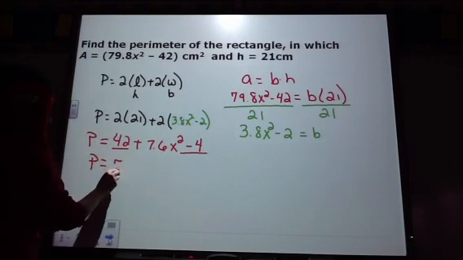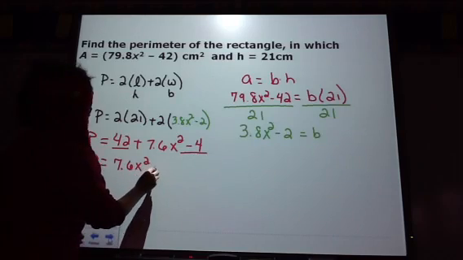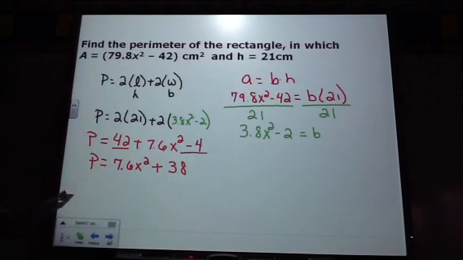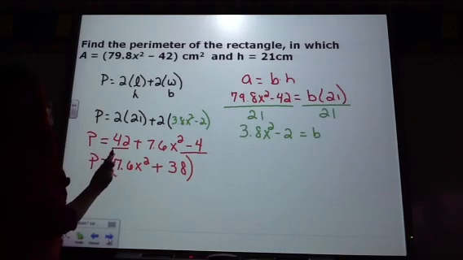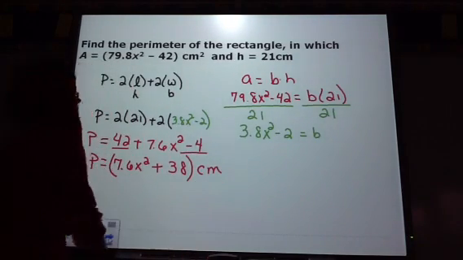I'm going to go ahead and put my 7.6x squared first. 42 minus 4 gives me a positive 38. And this is my perimeter. This represents a number, so I want to put it in parentheses. And when we're dealing with perimeter, we have units centimeters.